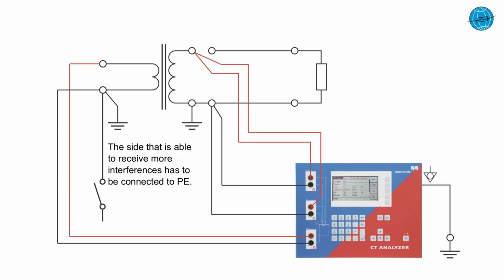We simply connect the output and the secondary measurement with the two secondary terminals of the core to be tested and the primary measurement with the two primary terminals. After entering the nominal data of the CT, we press the start button and the test starts.